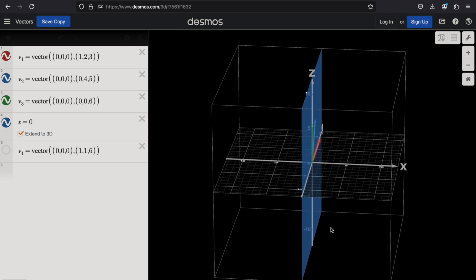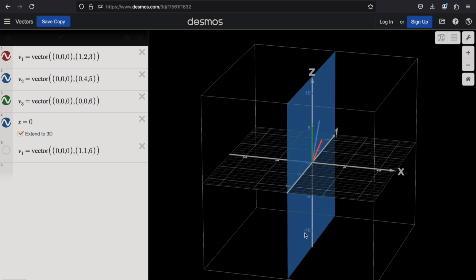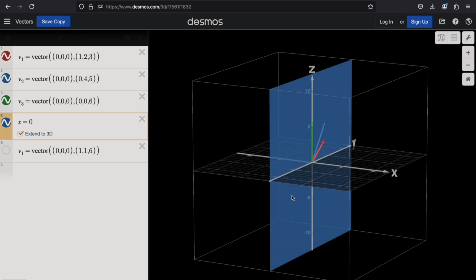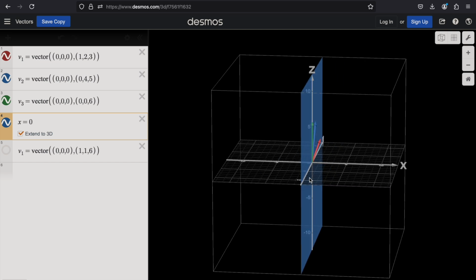But the first column vector 1, 2, 3 is outside this plane. So there is no way you can combine the second column vector and the third column vector to get the first column vector, because the first column vector is lying outside the plane containing these two column vectors.